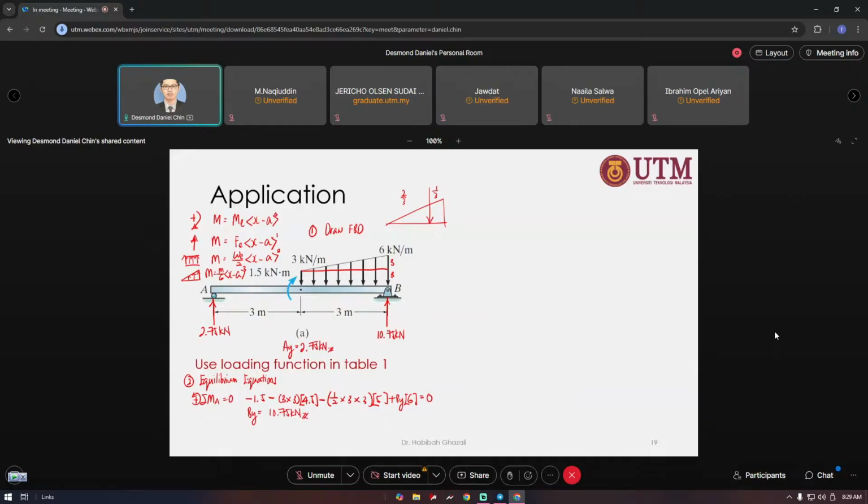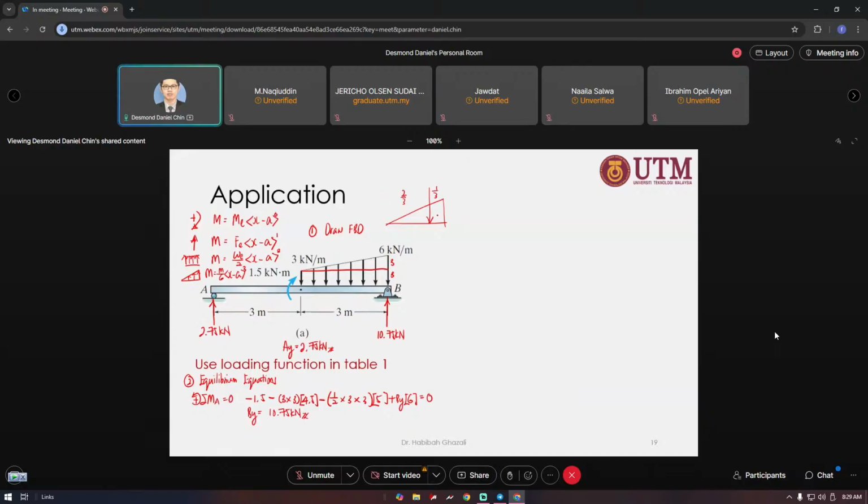And then second is you need to apply the basic differential equation. And then you slowly integrate it so that you'll be able to get your slope and also your deflection equations, right? So the advantage of Macaulay's method is you don't have to do section by section. You can straight away develop your moment equation in one single equation. Doesn't matter how many sections you have. That is the advantage of Macaulay's method.